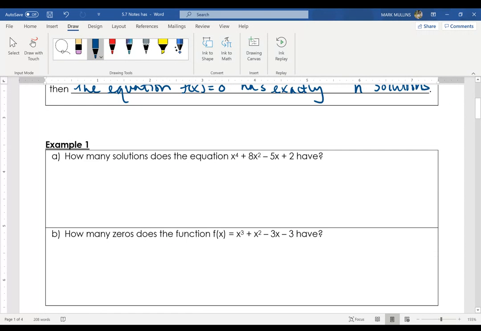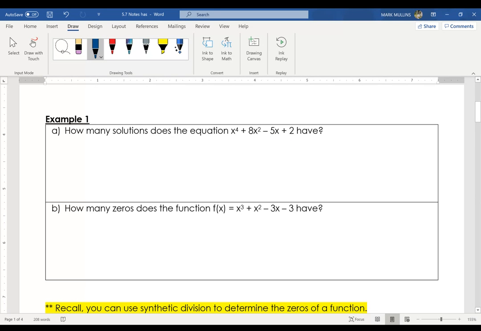So for example 1, we want to know how many solutions is the equation x to the 4th plus 8x squared minus 5x plus 2. So highest power here is a 4, so this is degree 4. So there are 4 solutions. And the next one, how many zeros is a function f of x equals x cubed plus x squared minus 3x minus 3?